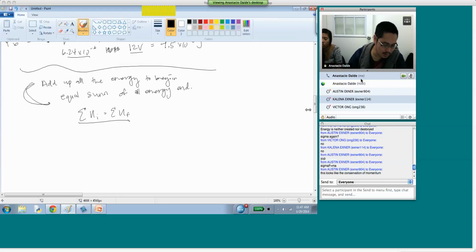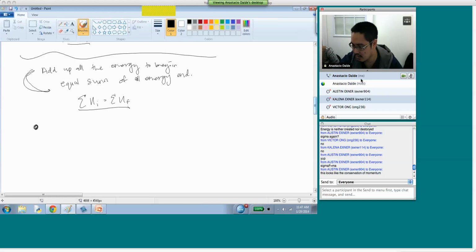So here's what we can say. If we have a particle that's moving, and we're talking about electricity, this particle can have 2 different types of energy. It can have kinetic energy, and it can also have potential energy, but this time the potential energy we're talking about is electric potential energy.